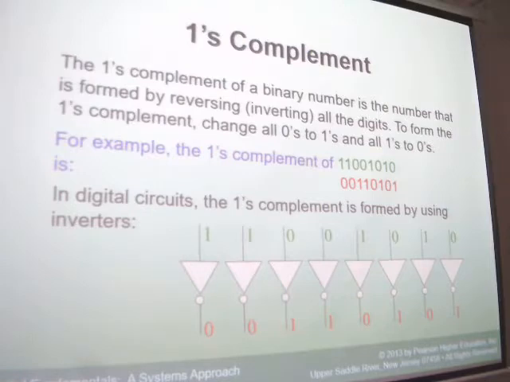Why? We don't need to use ones or two's complement to represent a positive number. So plus 39 in binary is 0, 0, 1, 0, 0, 1, 1, 1.